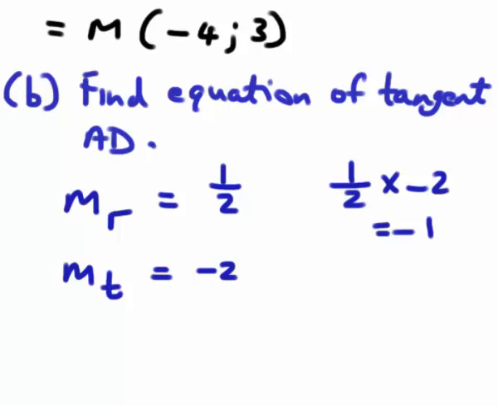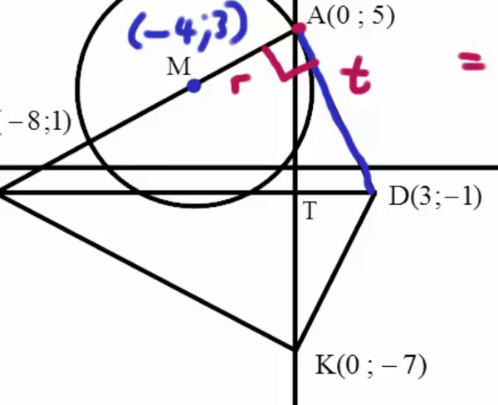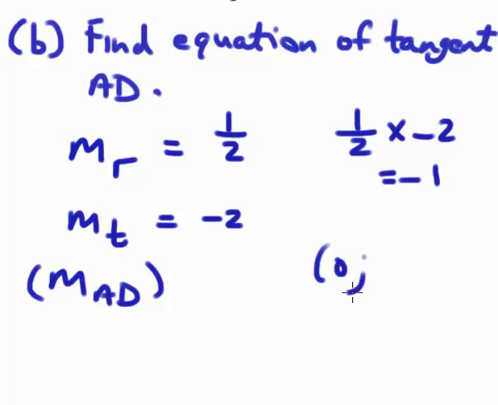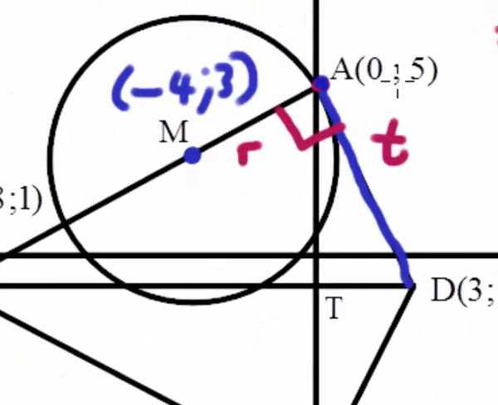So that would be the gradient of the tangent, which is the gradient of the line segment AD. We've also got the point (0, 5) on AD, the point of tangency. In fact, it's the y-intercept of the line.